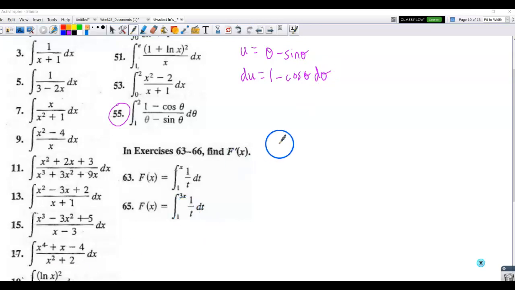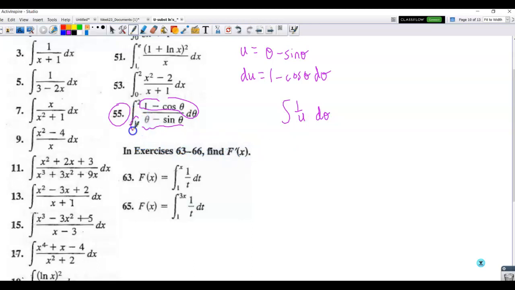I'm going to make my substitution, so my new integral becomes, in place of 1 minus cosine theta d theta, I can substitute my du. In place of theta minus sine theta right here, I can have my 1 over u.